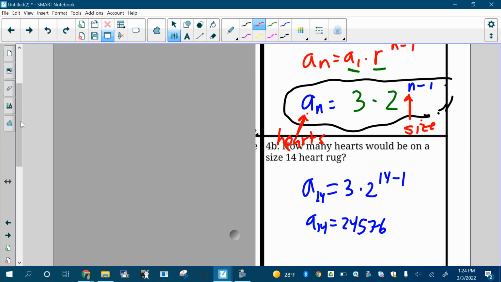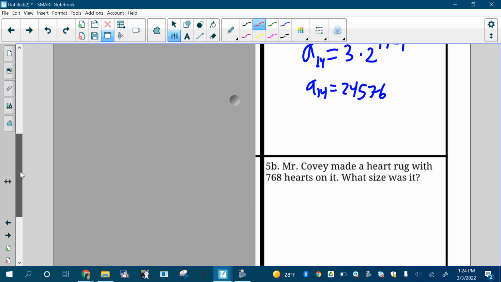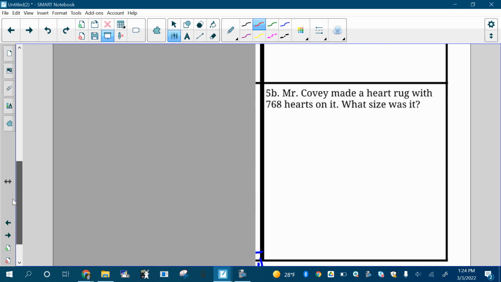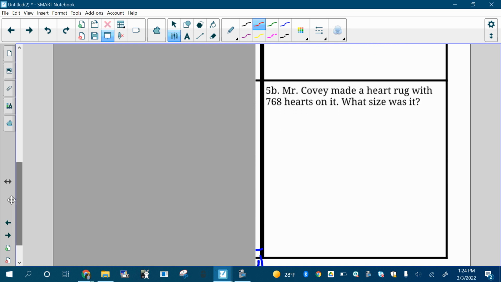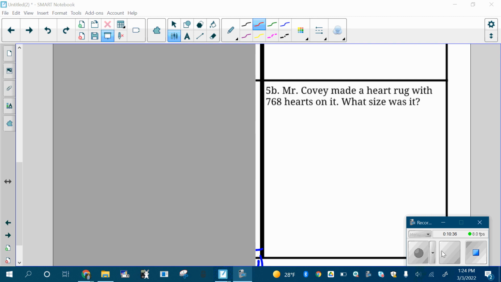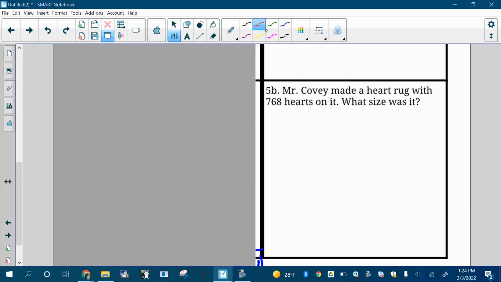Okay. Next question coming up here is the trickiest question, I think. It says, Mr. Covey made a heart rug and it had 768 hearts on it. What size was it? So in this problem, they're telling us the number of hearts and asking us the size.